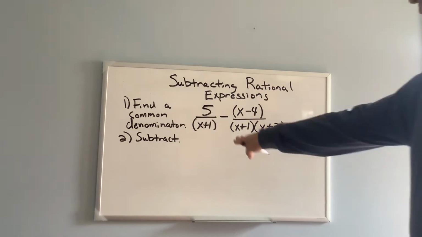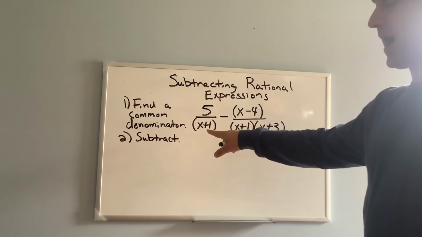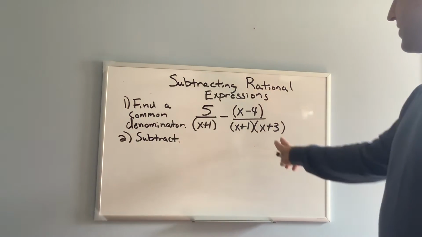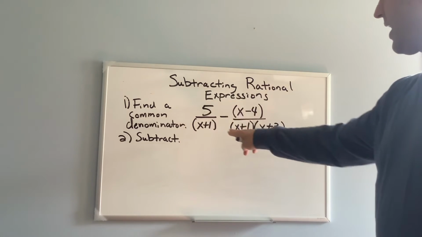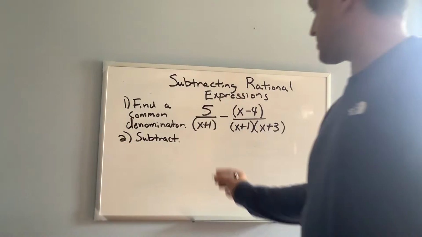So we need to find a common denominator. I notice that the denominator of both expressions has x plus 1, but the second expression has an x plus 3. So I need to multiply the numerator and the denominator of the first expression by x plus 3.